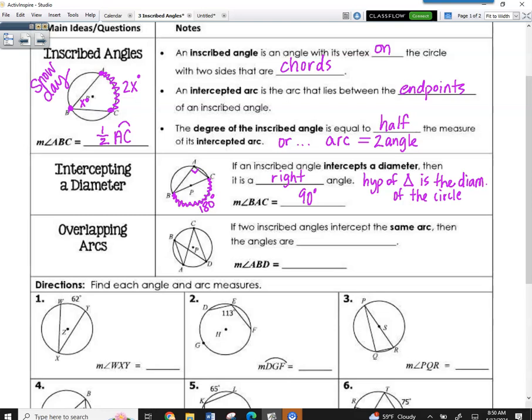Okay, one more. The picture looks crazy, but it's one of the easiest concepts. This picture has a bunch of chords in it and angles. Let's address this angle here. Do you see that angle? Angle ABD. Can you trace with your eyes or on your paper with your fingers, trace angle ABD, and I want you to put your pencil on the arc it opens up to.